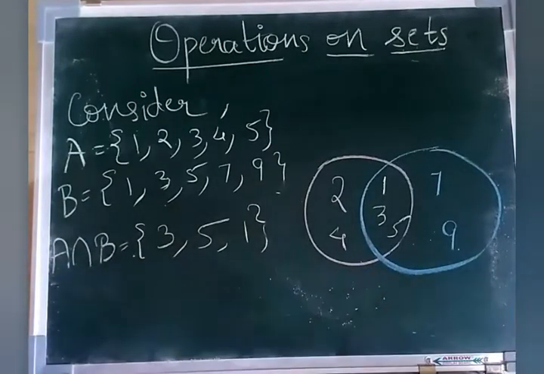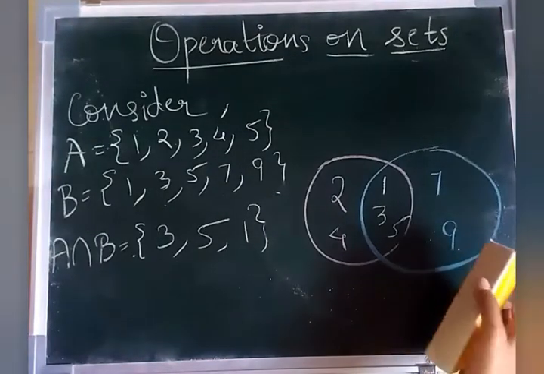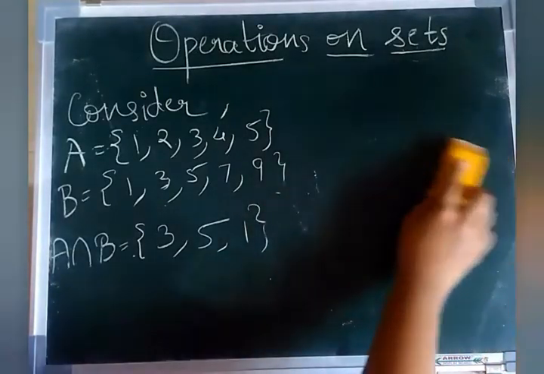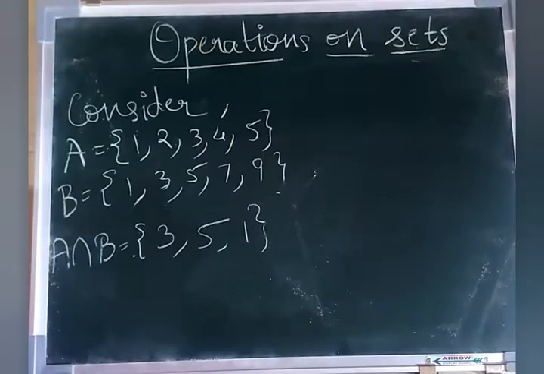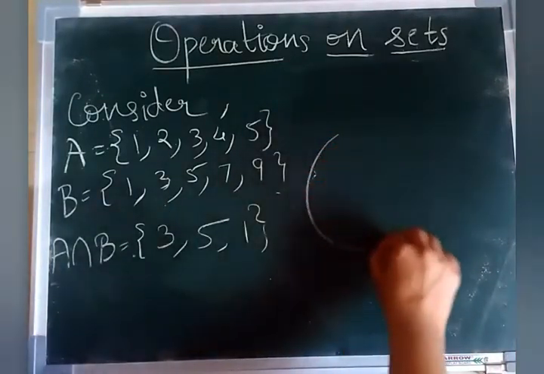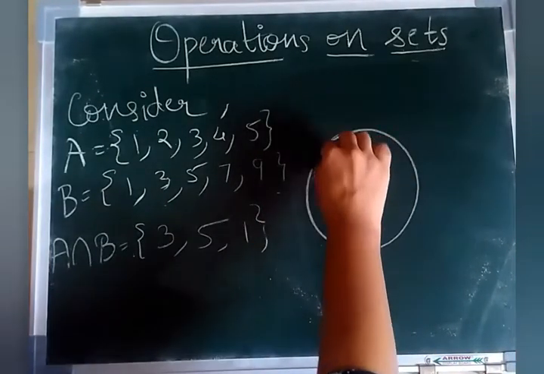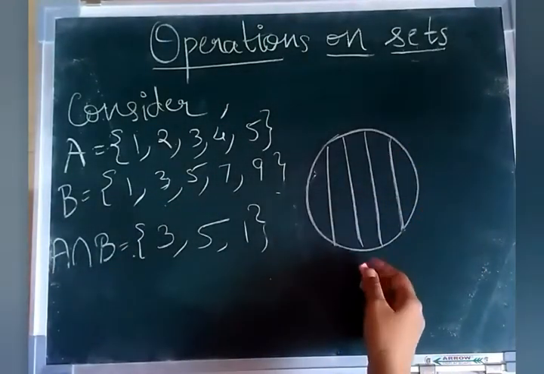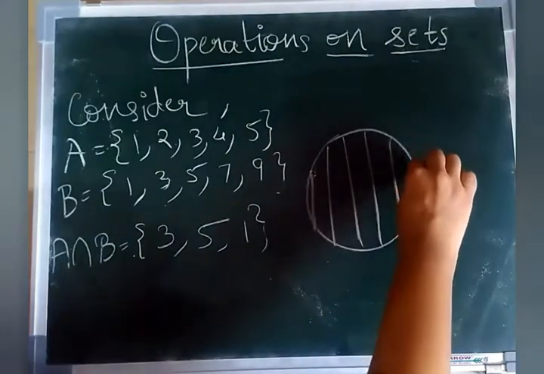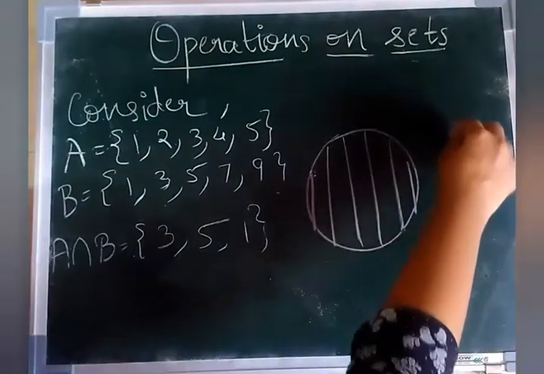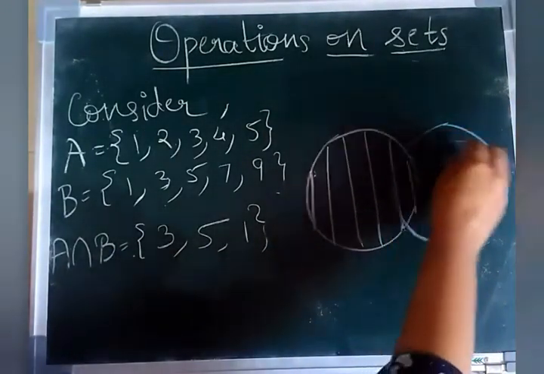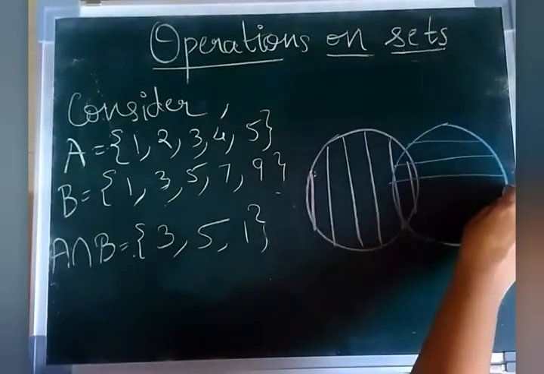Okay, so if I don't have any particular example, or if I want to just represent the definition using a Venn diagram, then I can do it like this. This is one circle. Now I will fill it like this. This is another set. We'll fill this using horizontal lines.